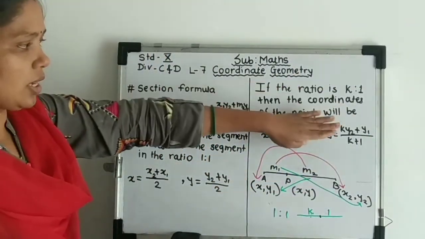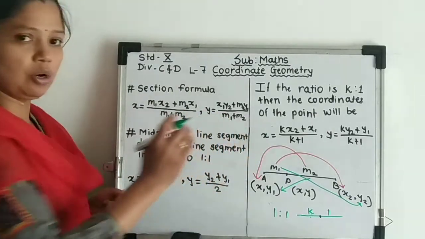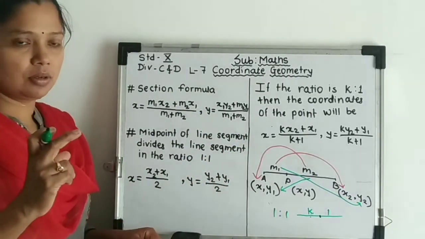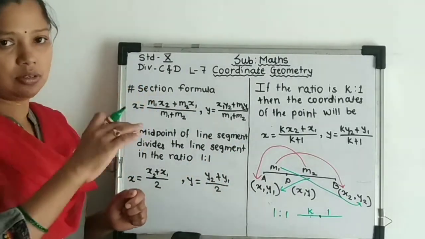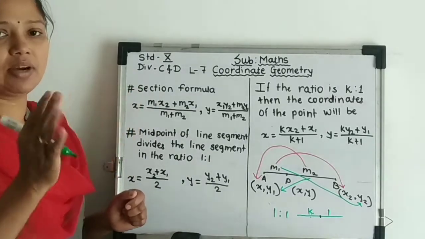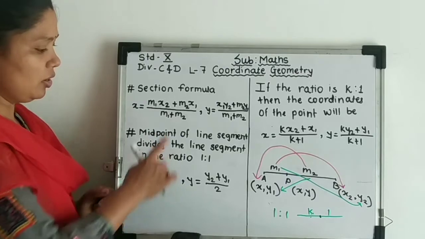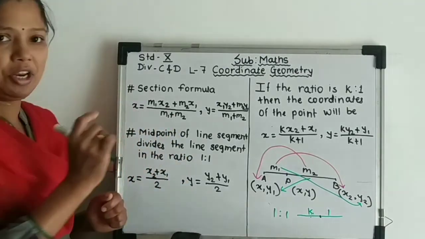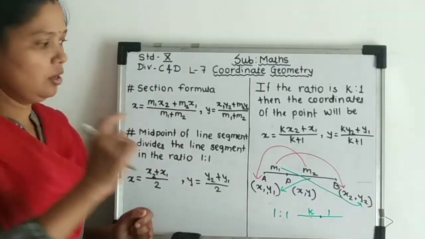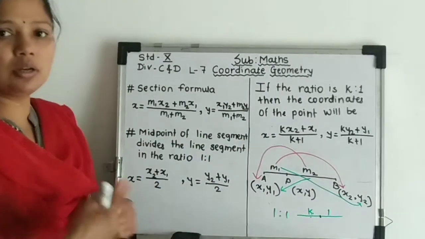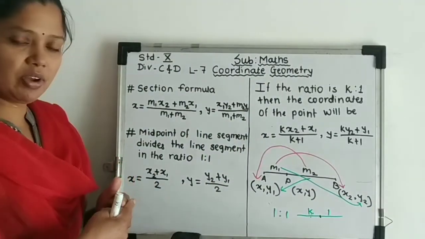In such types of sums we are going to find the ratio in which the point has divided the segment. Got it? Up to here we have found the coordinates of that point. Here we are going to find the ratio also. So how do we find the ratio?